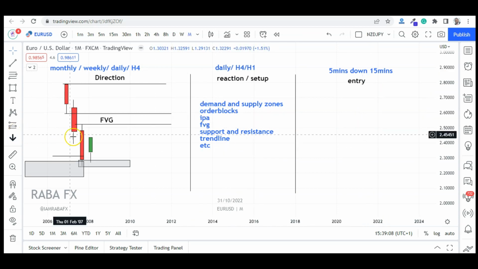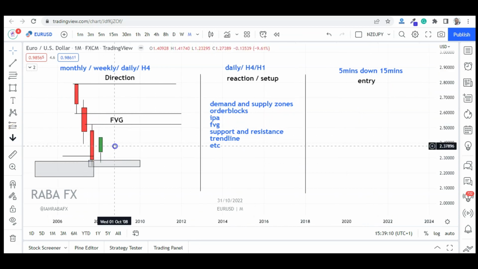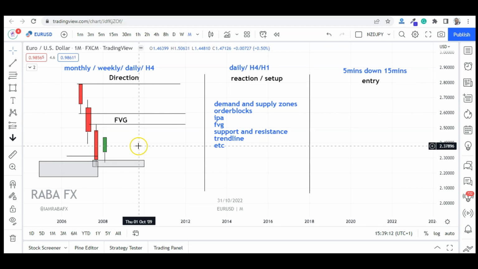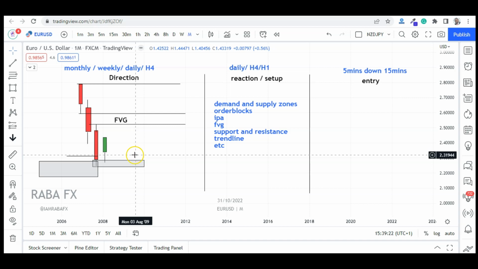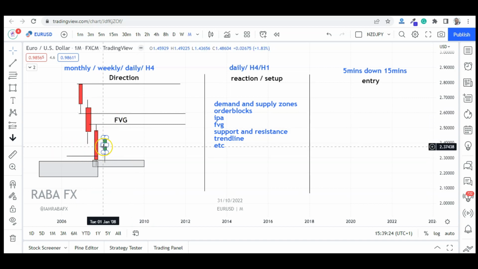So now, in this case, you must have a reason for taking a direction, not because everything is down here and you say, okay, this is bearish and therefore I'll be looking for bearish. No, price does something, you must try to learn what price is seeking.